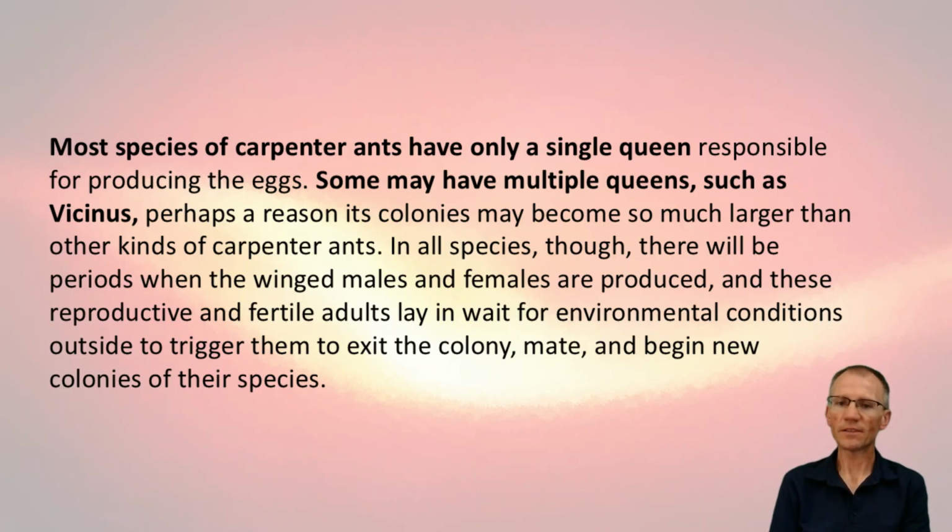In all species, though, there will be periods when the winged males and females are produced, and these reproductive and fertile adults lay in wait for environmental conditions outside to trigger them to exit the colony, mate, and begin new colonies of their species.